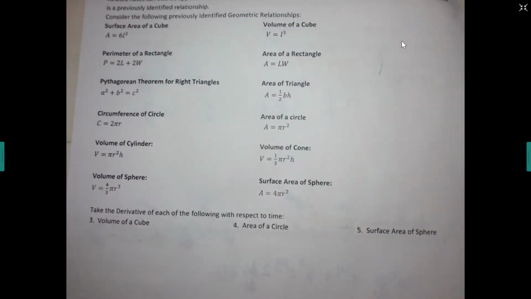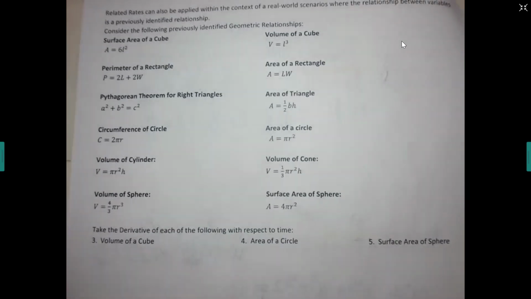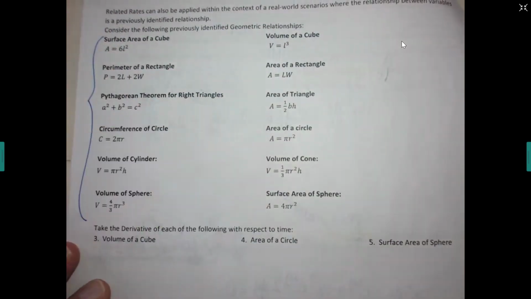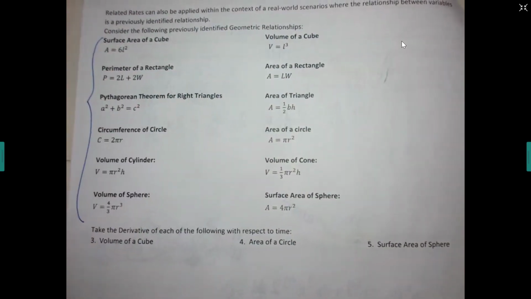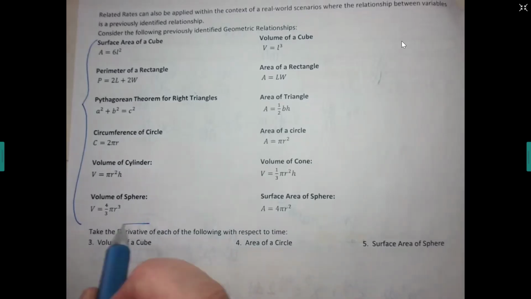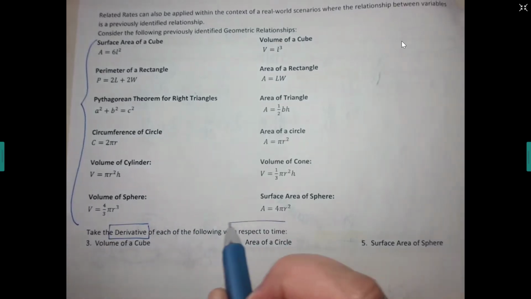When you were in geometry, you did surface area, you did volume, you did regular area for cylinders, for circles, right triangles. So all of these are formulas that you've seen before. And what we're going to do is take the derivative of those with respect to time.